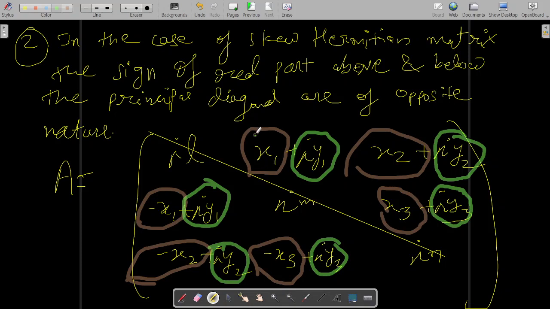But this particular part, even after taking the conjugate, its sign won't change, because it is real part, so its conjugate will also be the same number. So this is a common sense property, that in the case of skew Hermitian matrix, the sign of real part above and below the principal diagonal are of opposite nature.